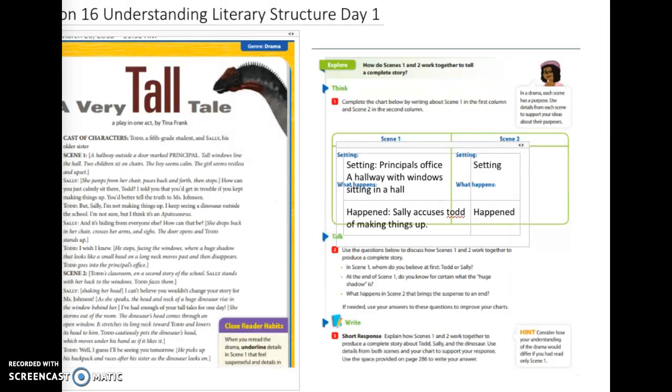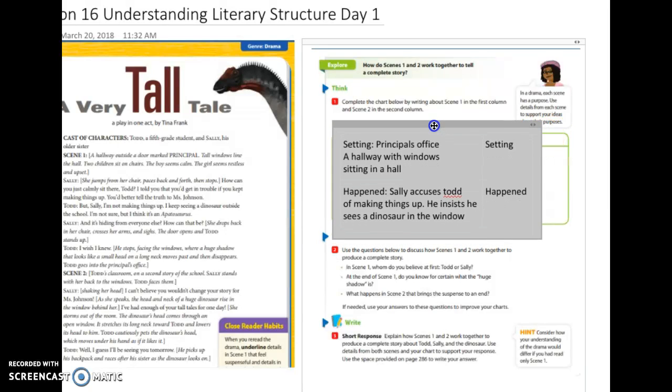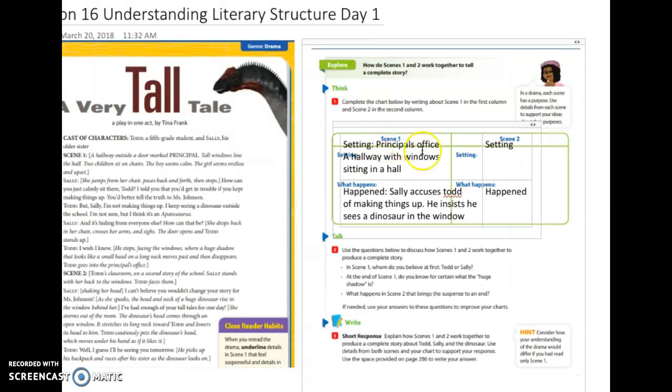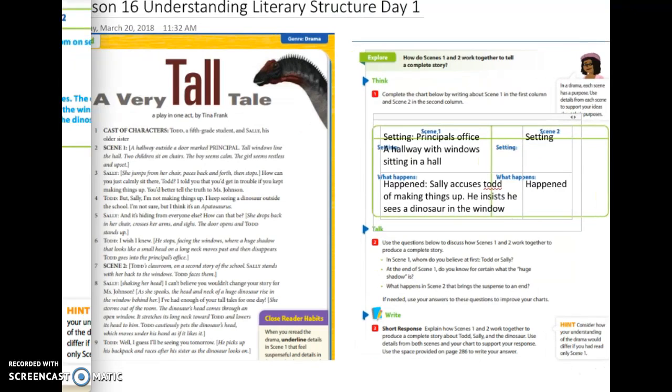He insists that he's seeing a dinosaur in the window. Okay, so that is what I added to the What is Happening section. And I found all of that information right here in scene 1.